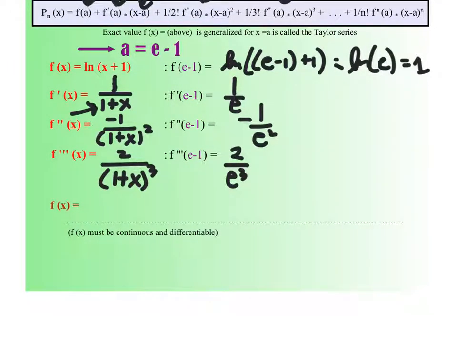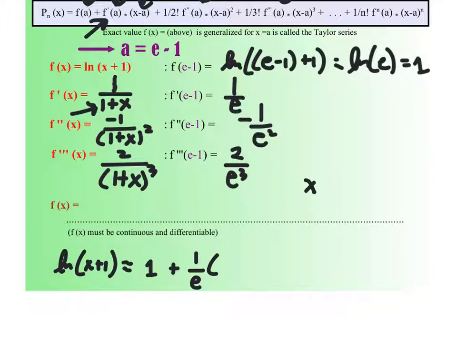Okay, so the natural log of x plus 1 centered around e minus 1 will be 1 plus 1 over e, that's f prime of a times x minus a. So times x, now let's think about this, x minus e minus 1.